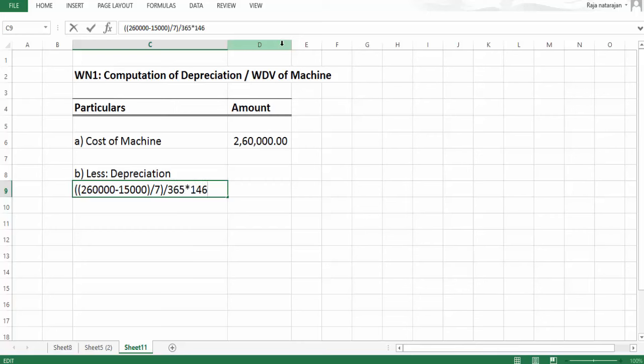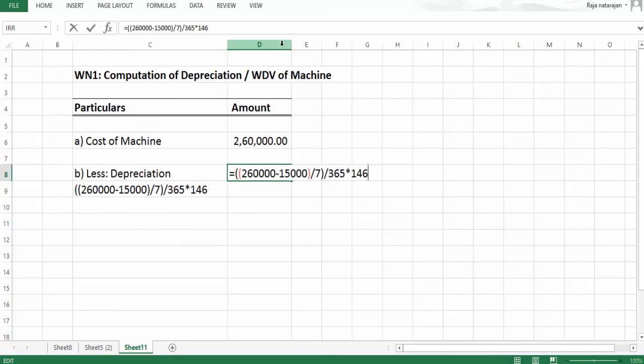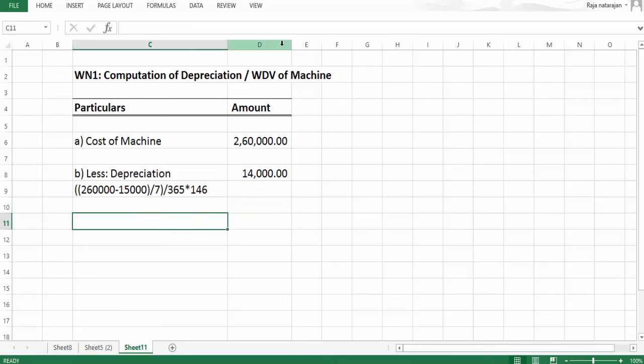Divided by 365 multiplied by 146. If I do this calculation here, let's see what we get. We get 14,000. So this is the value of depreciation for those 146 days. So what will be the book value of the machine at the end of the project? We'll say book value or written down value.